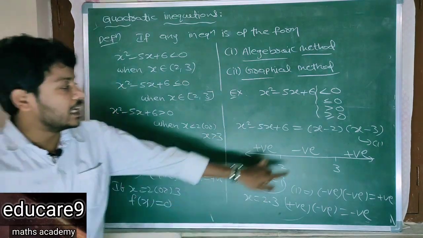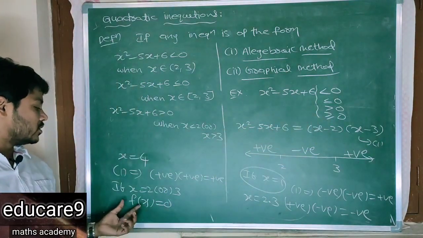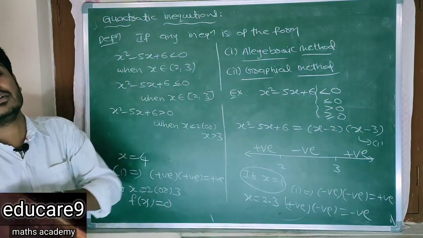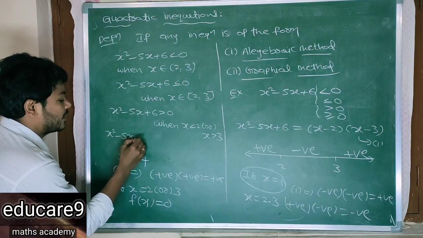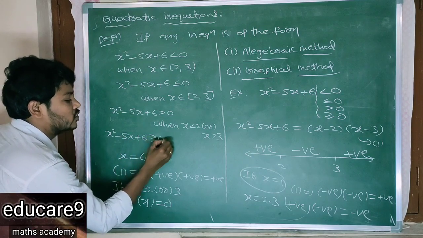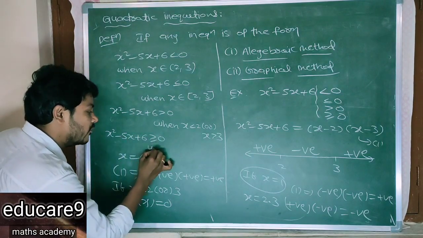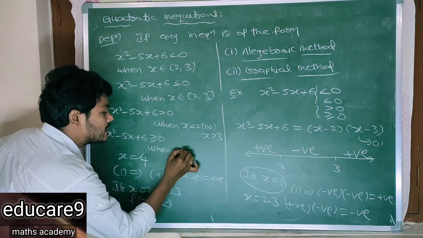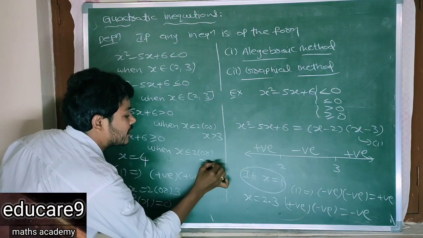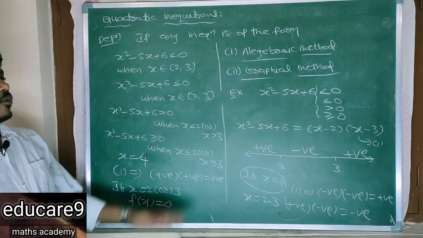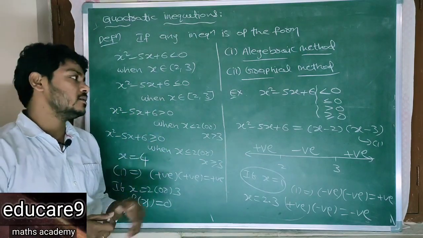And the last one, including equality, x equal to 2 or x equal to 3: x square minus 5x plus 6 is greater than or equal to 0 when x is less than or equal to 2 or x is greater than or equal to 3. So these are the four inequations and solutions.